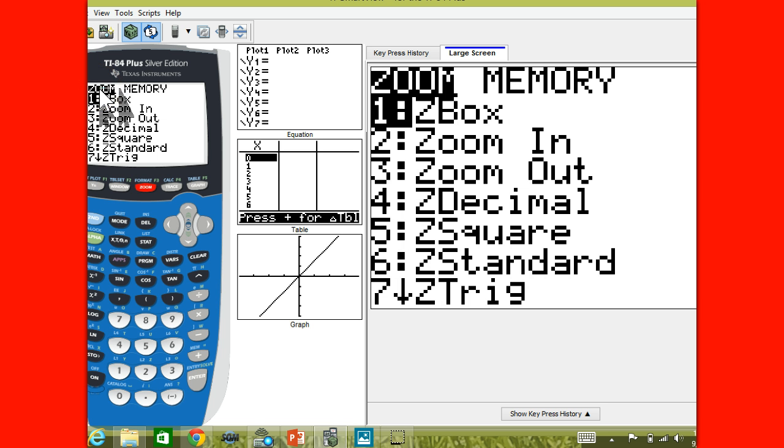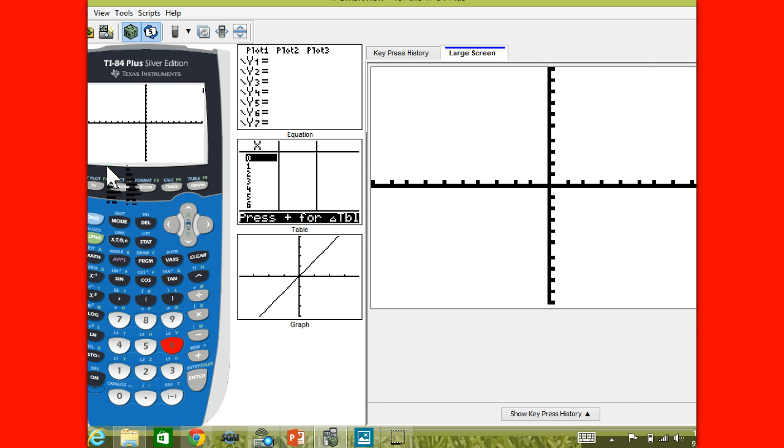But the zoom standard, zoom number 6, is the one that's pretty much tens all the way around. So when you draw that out, it's going to go 0 to 10, 0 to negative 10, up 0 to 10, and down 0 to 10. Okay, so it's kind of like a standard all the way around.